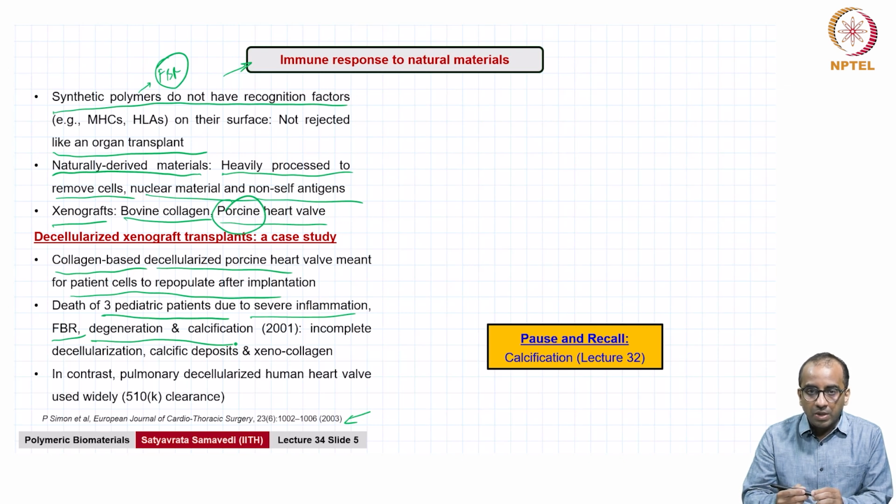This was around 2001, and the 4th patient was saved only because based on the experience with these 3 patients, the surgeons prophylactically removed the valve from the 4th patient.